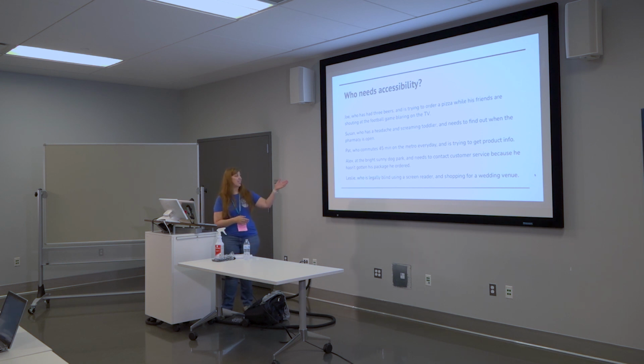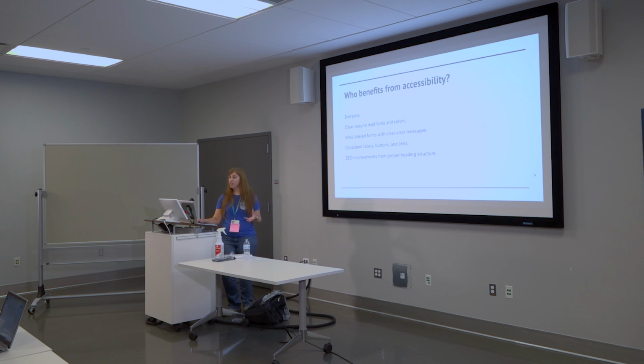Just because they're legally blind doesn't mean they are totally blind. They can still see a little bit, they can still get a little bit of information, but they need descriptive information about the venue so that they get a much better picture of what it looks like so they can talk to everyone else about it. So what really happens is everyone benefits from these accessibility things.